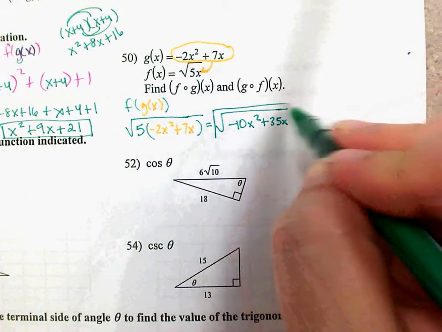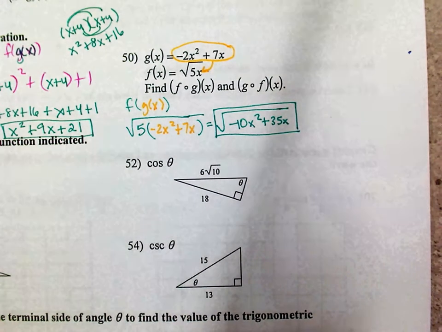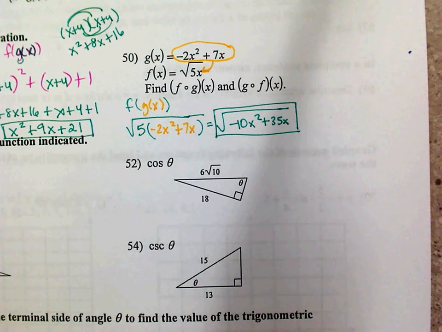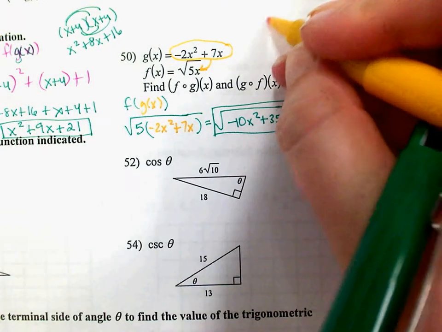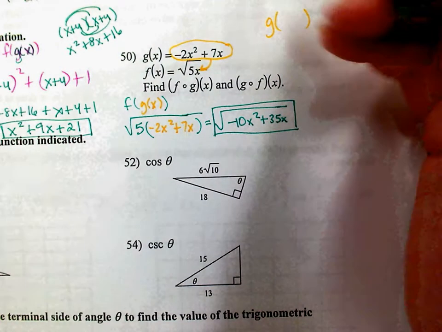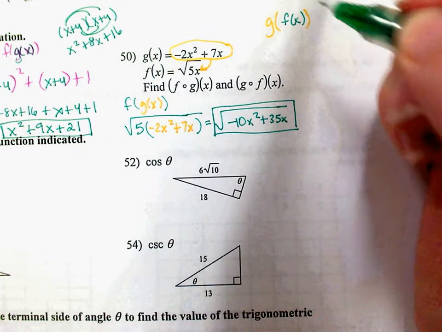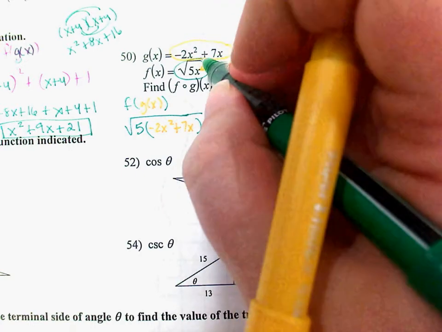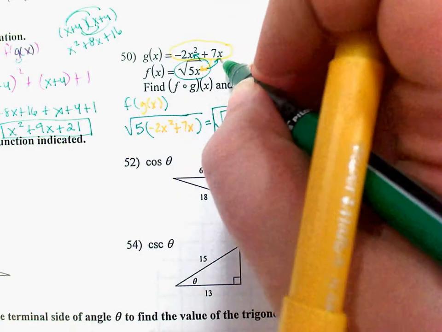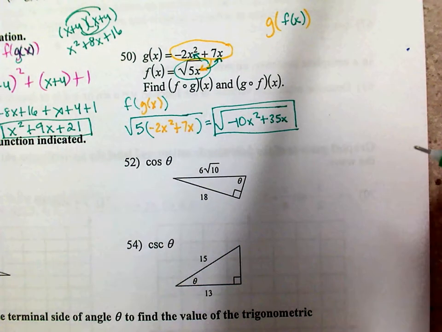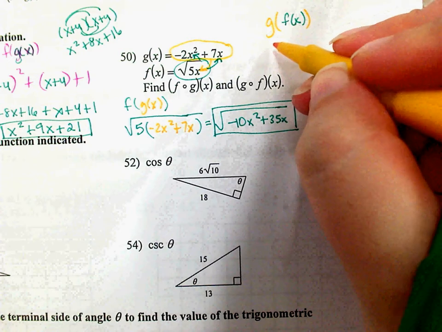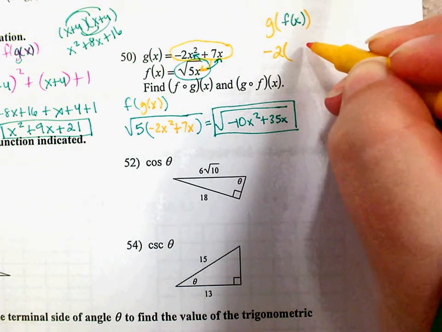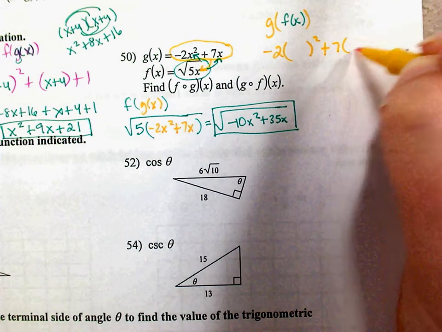Okay, now what are we supposed to do? G of f. So I need to find g of f of x, which means I'm going to take f of x and substitute that in everywhere I see an x in g. So g is negative 2 times something squared plus 7 times something, and that something is the square root of 5x.